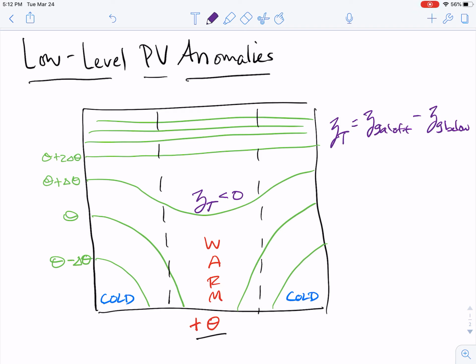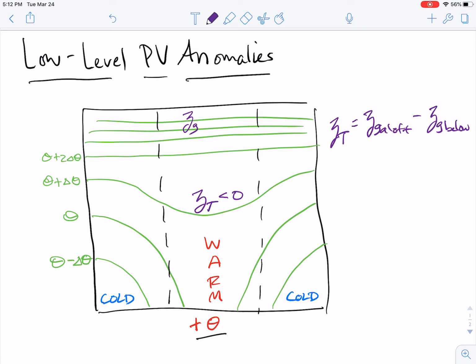Similar to the difference of our thermal wind being the geostrophic wind aloft minus the geostrophic wind below, we can just do the work to get to our idea of thermal vorticity here. Because we're just considering things near the surface, we can say that aloft, we don't have any geostrophic relative vorticity.